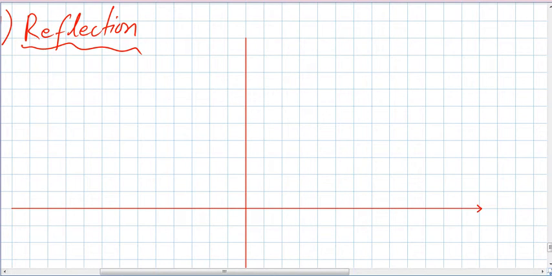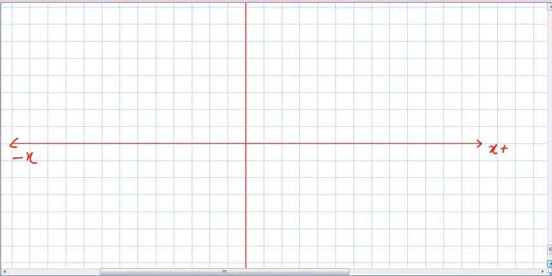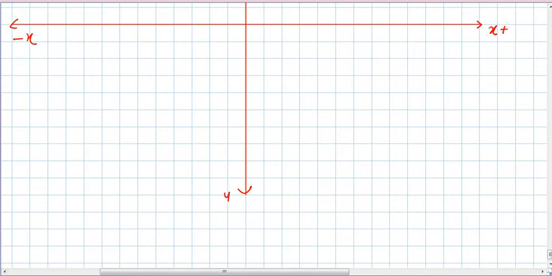Yes, this is the x-axis, positive x-axis, you can say. This is negative x-axis, this is the positive y-axis, and the negative y-axis.